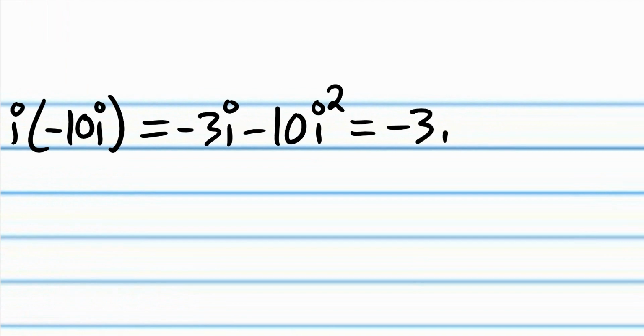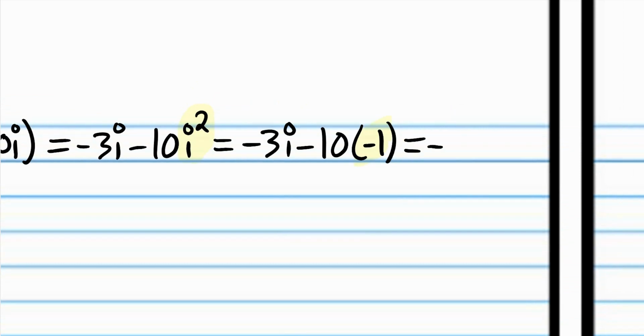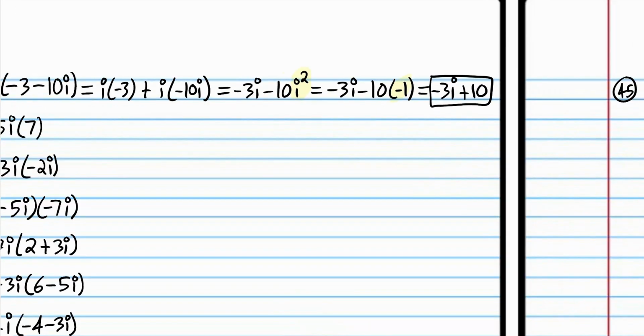We can't do anything with the negative 3i, but the I squared becomes negative 1. Again, that turned into negative 1. And then we get negative 3i plus 10, and we're done, because negative 10 times negative 1 is positive 10.